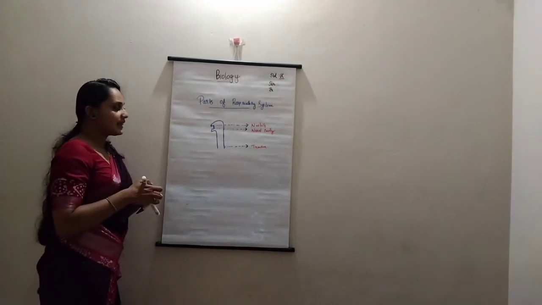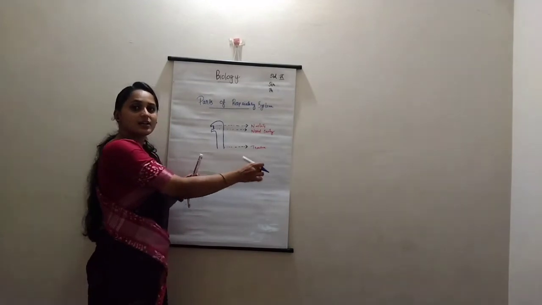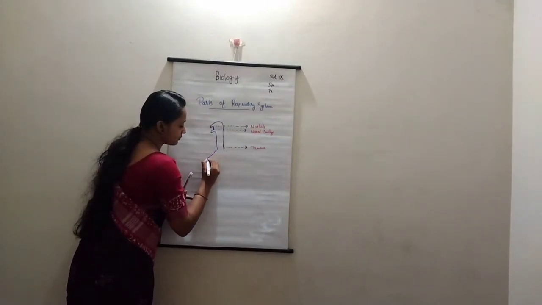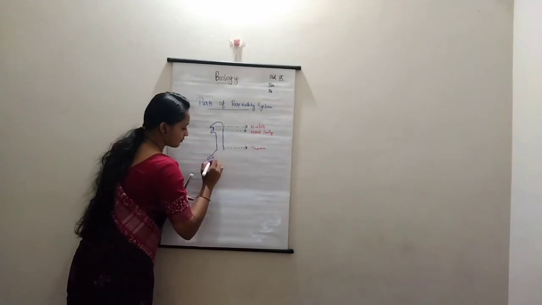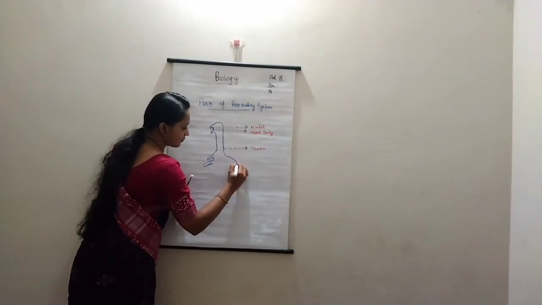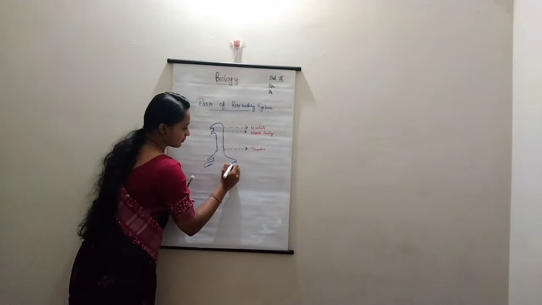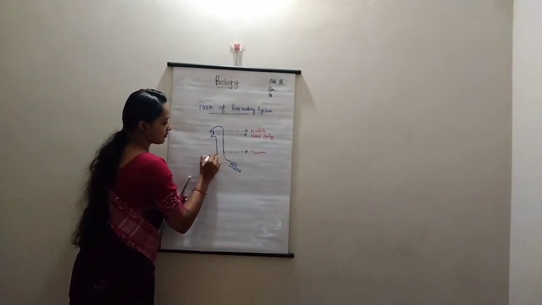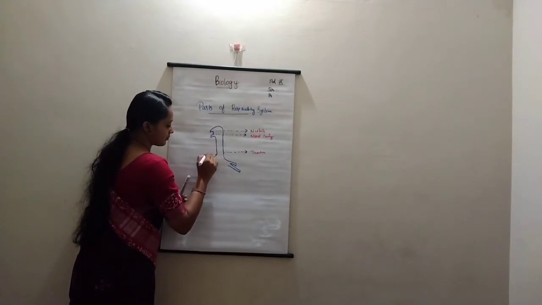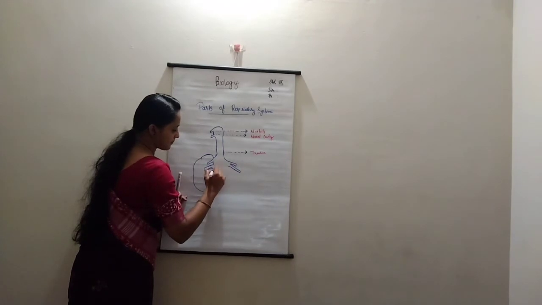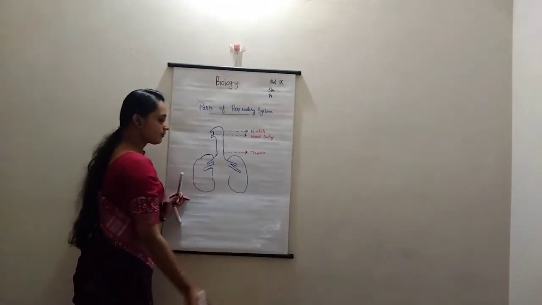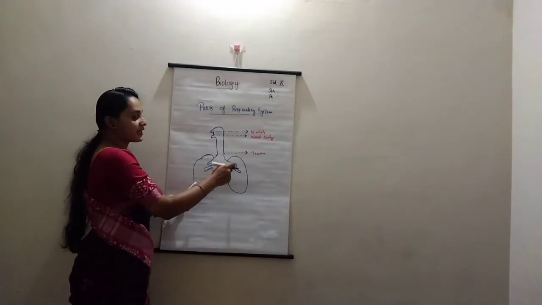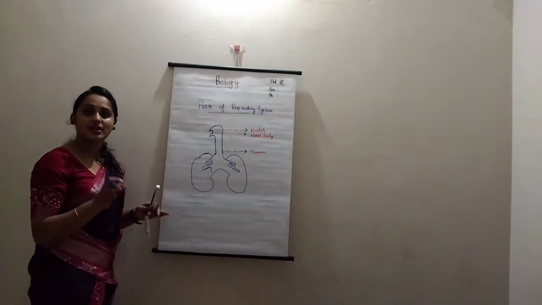From the trachea, it divides into two parts, that is the bronchus.